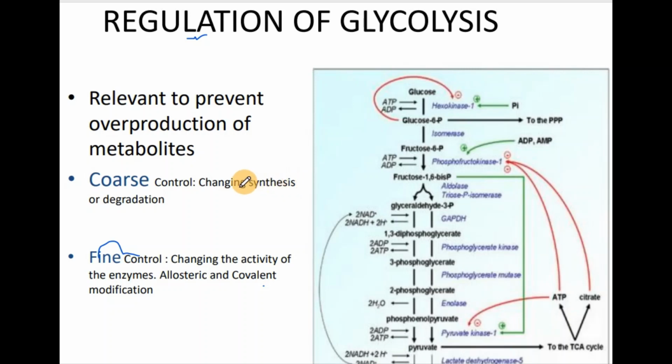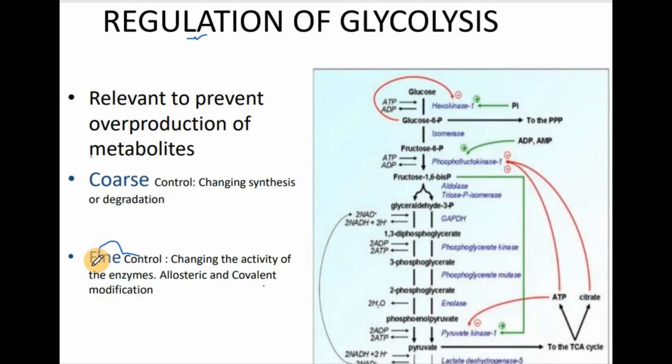If you increase the rate of the enzyme synthesis, we are trying to increase the rate of the metabolic pathway. If you decrease the rate of the enzyme degradation, we are trying to increase the rate of the reaction. And if we increase the rate of the degradation, we decrease the rate of the metabolic pathway. This one is normally controlled at the genetic level. You're trying to control the rate of the enzyme synthesis at the genetic level because enzymes are proteins.